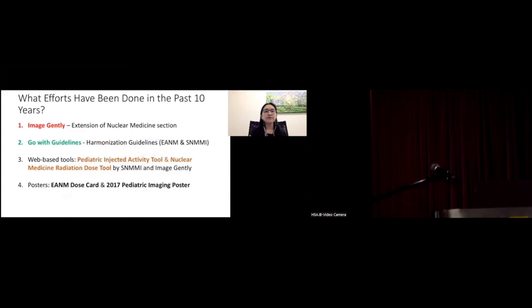So there are a few efforts that have been ongoing. First is Image Gently. Second is Go with the Guidelines, a web-based pediatric injected activity tool, and an equipment and radiation dose tool by SNMMI and Image Gently. And there's also the EANM dose card to guide us.